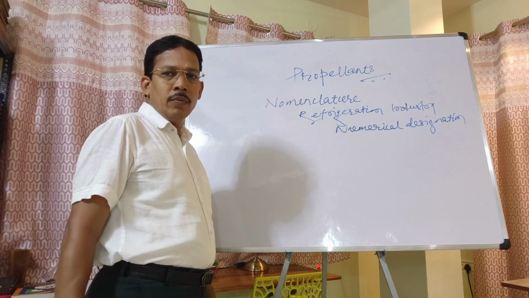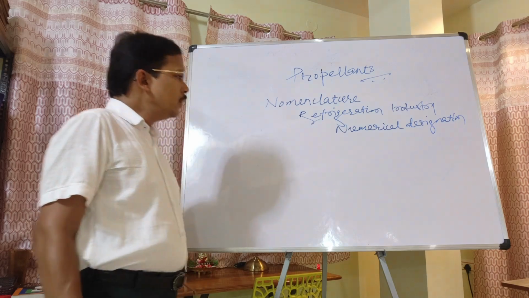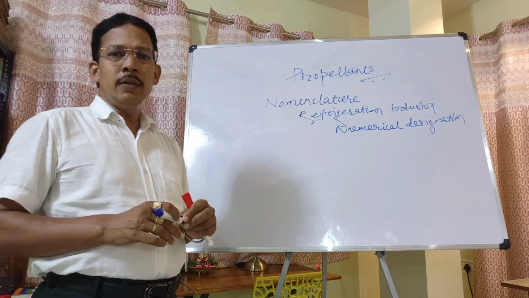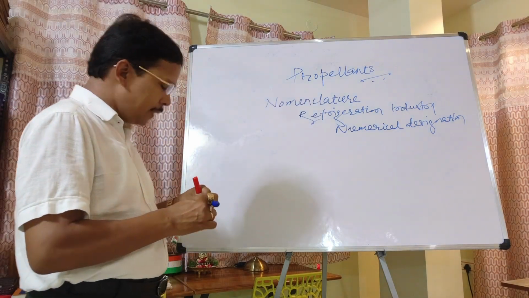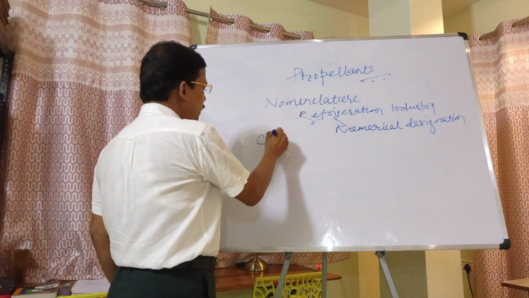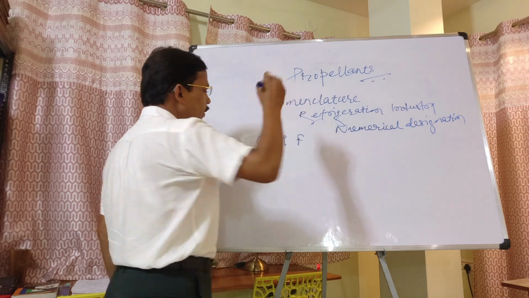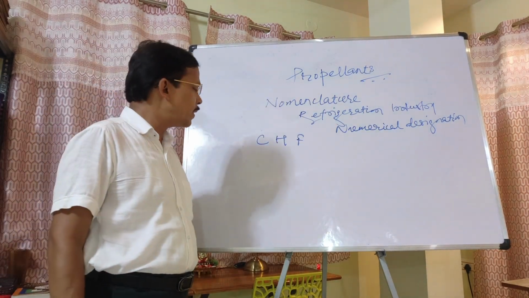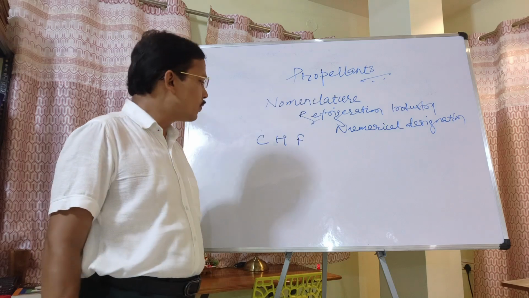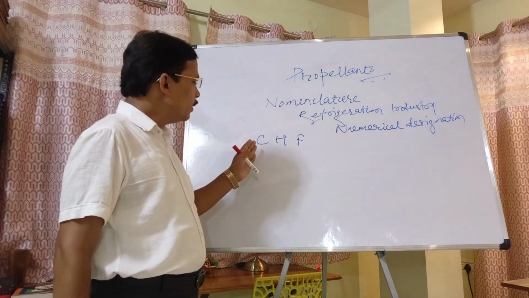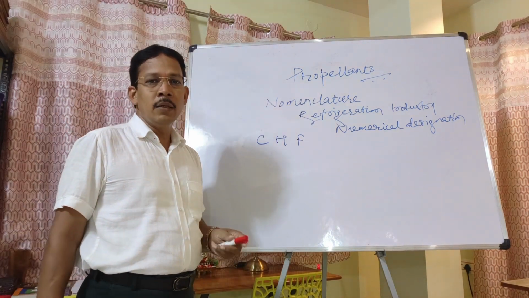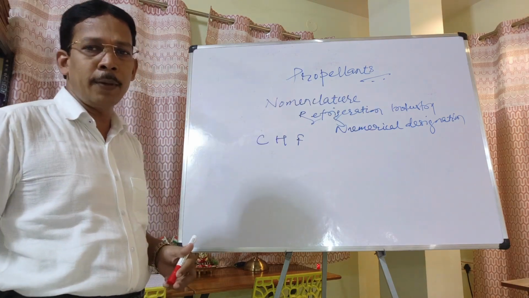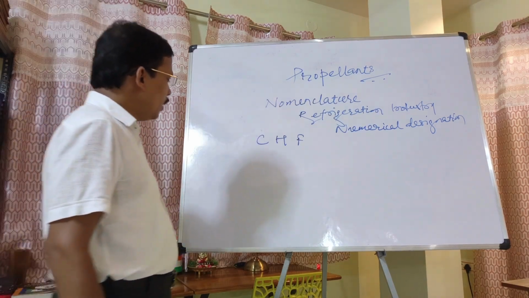The very common thing to remember is CHF. In pharmacology, in the cardiovascular system, CHF is congestive heart failure. So for the numbering of propellants, C is for the number of carbon atoms, H is for hydrogen, and F is for fluorine atoms.